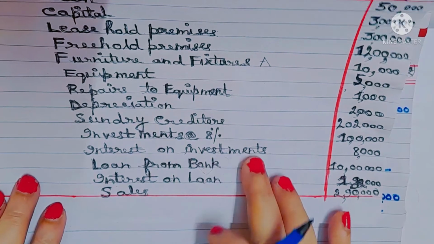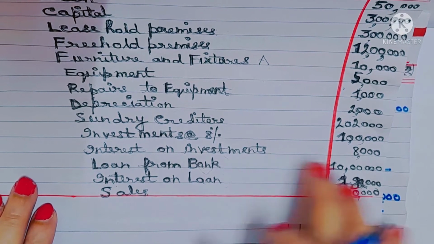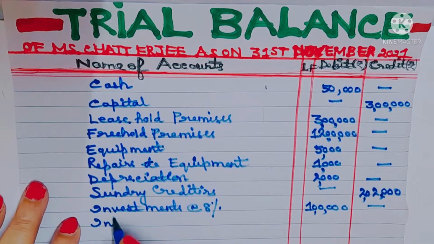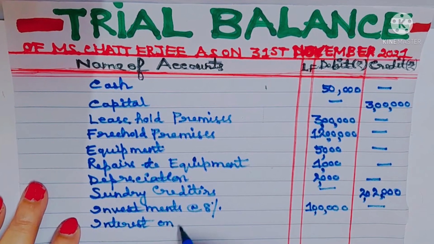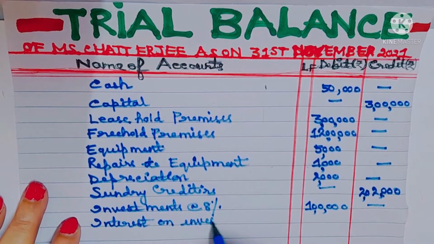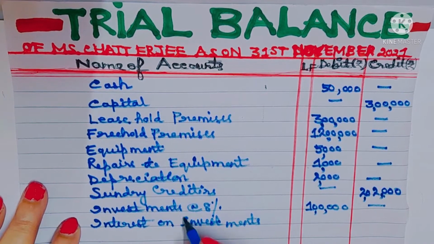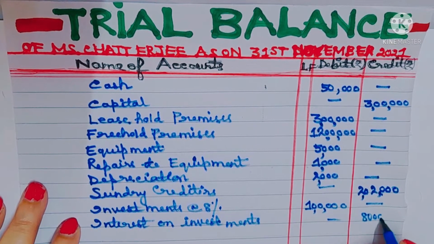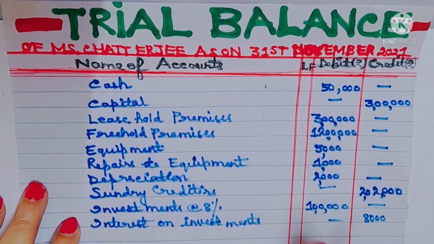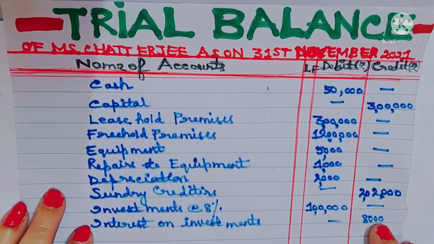Interest on investment 8,000. Let's write. Interest on investment is a credit balance. That is the reason we are writing in the credit column.